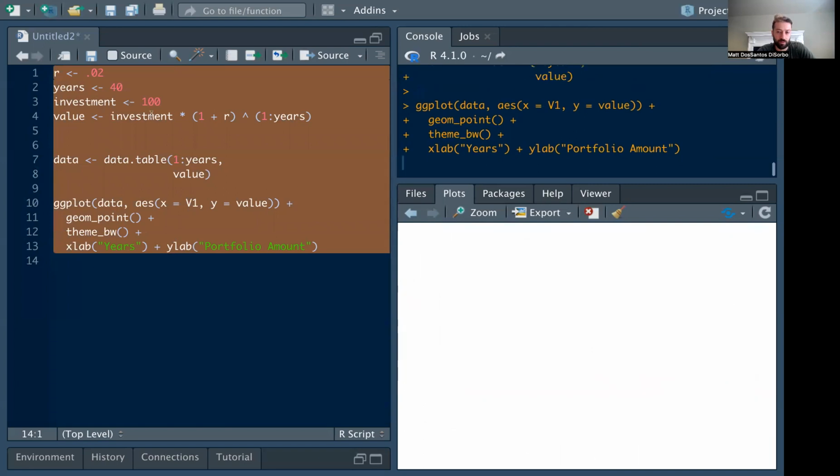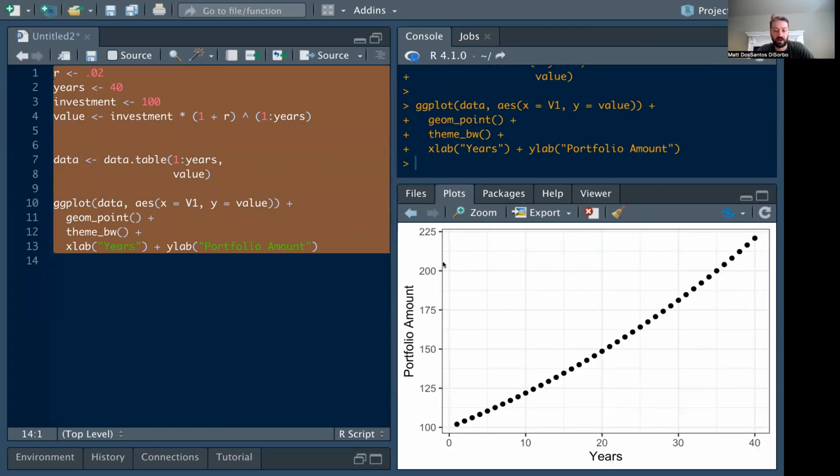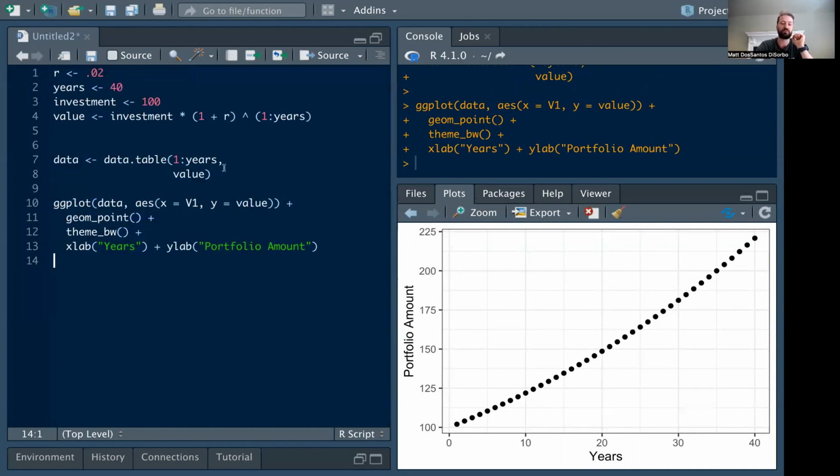Okay, so we're going back to our chart here. Now the rule of 72, which we talked about at the start of this video, basically says if we take 72 divided by the percent return, that's about the number of years it takes for our investment to double. So what do I mean? I'm taking 72, and dividing by our return, which in this case is, I'm not going to divide by 0.02, I'm going to divide by 2.